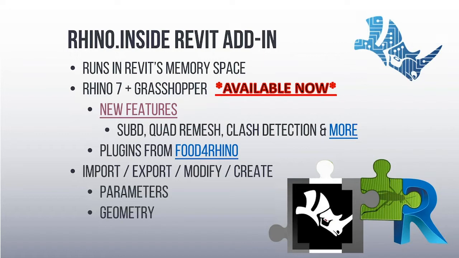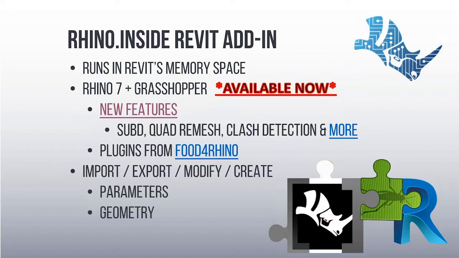Okay, and what it can do within Revit is alleviate a lot of the import and export pain points that many people experience, because the Rhino and Revit APIs are accessing each other directly.